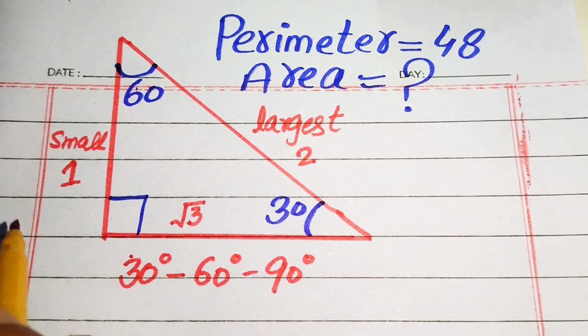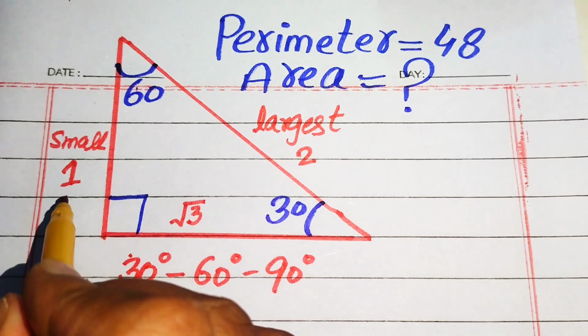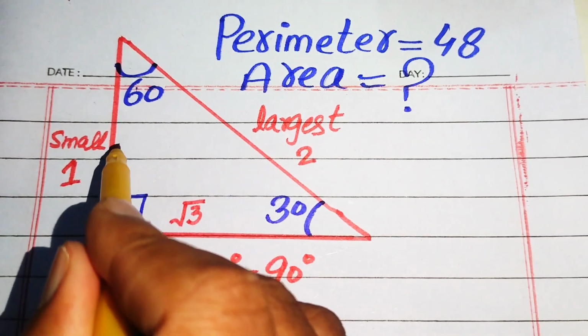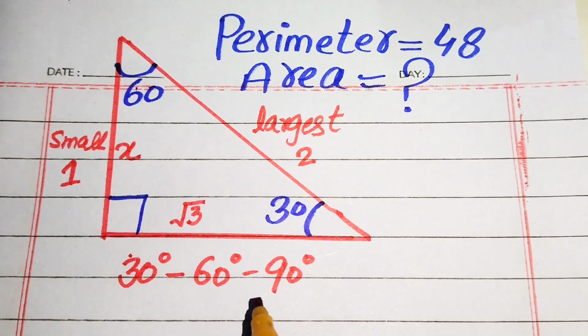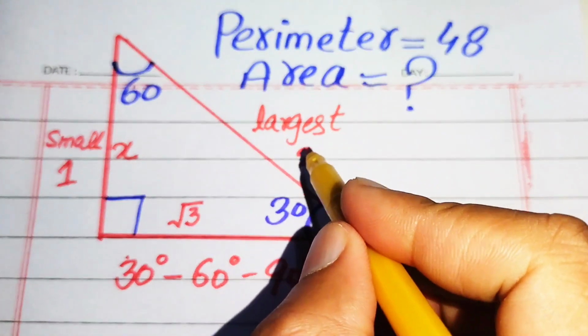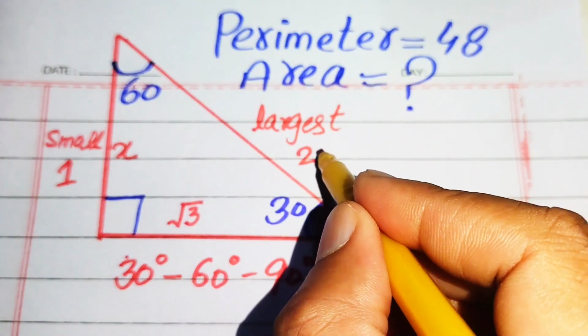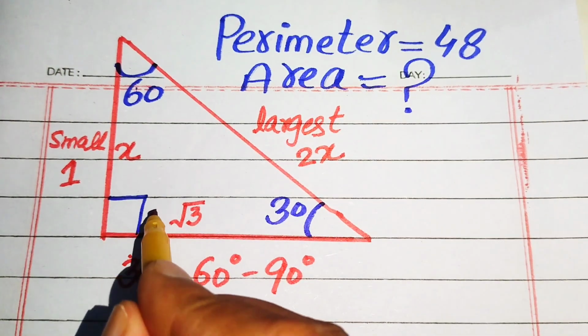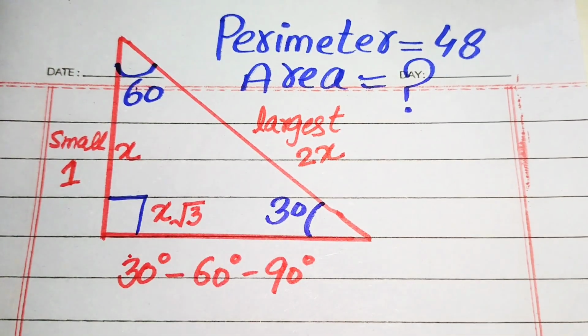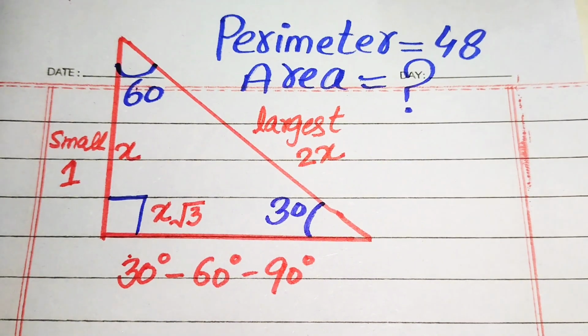Now, if we suppose that the smallest side length is x, then according to the definition of the 30-60-90 triangle, the largest side is equal to 2x, and this side length is equal to x times square root of 3. So these are the three sides of the given triangle.